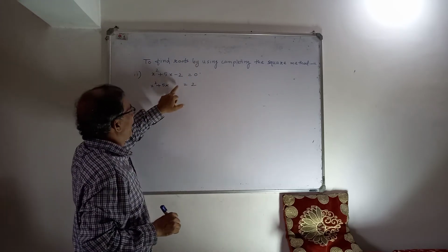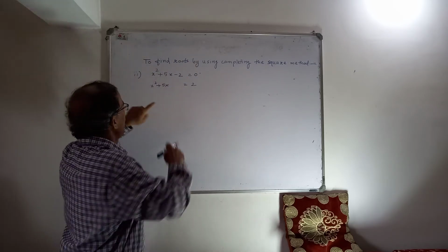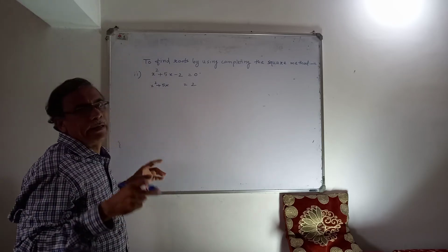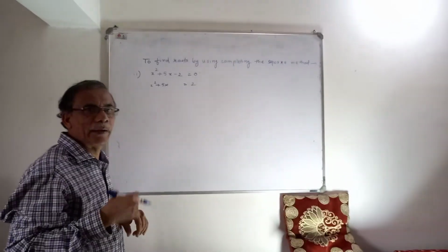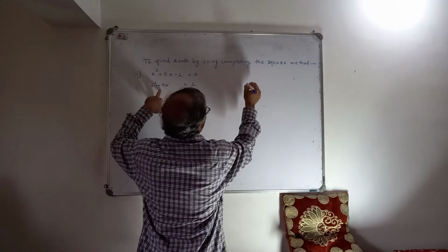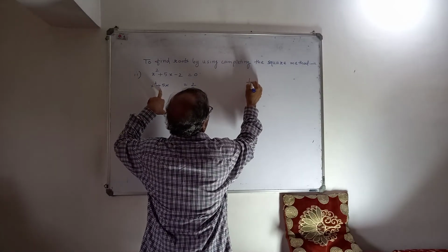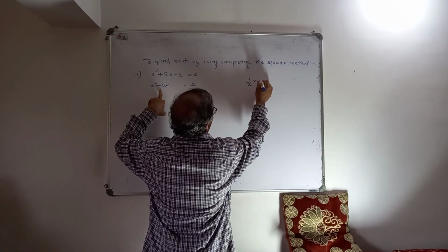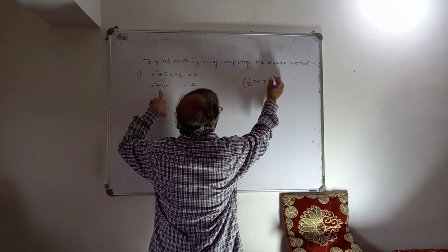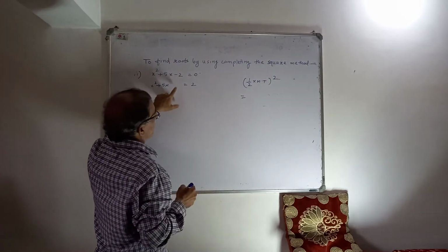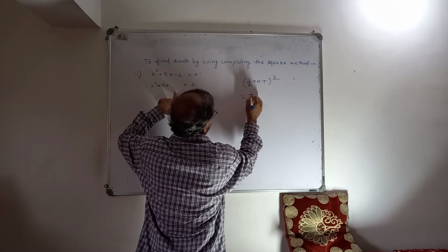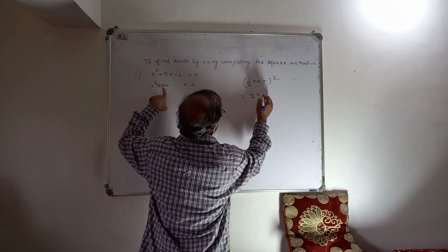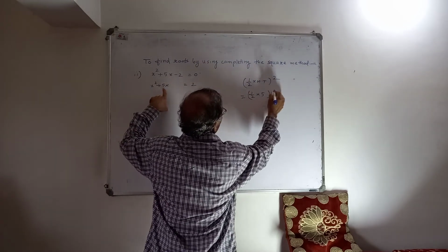Now, here we have to add a third term so that the left hand side will be in the form (a plus b) whole square. So, what is our formula? That is half into middle term whole square to calculate the third term. So, half into what is middle term? 5 whole square.